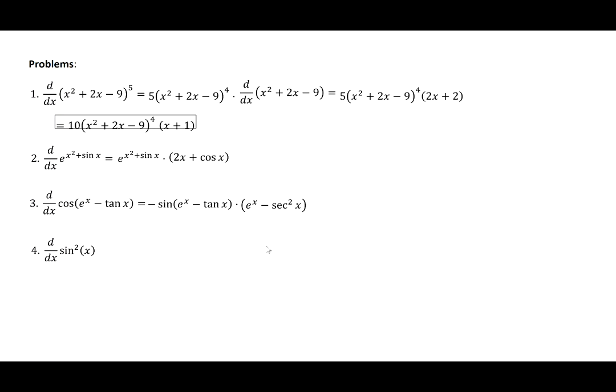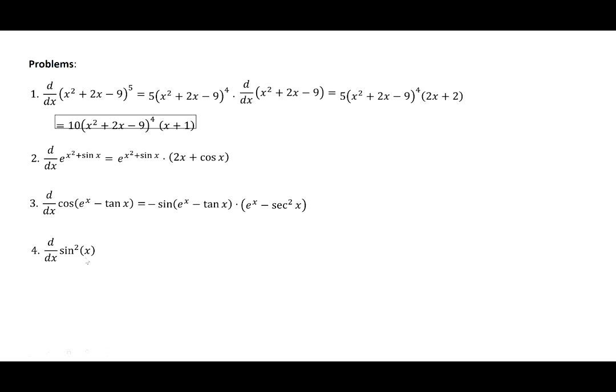Now, this is a very interesting case. The reason I say that is, let's go back to every one of these previous ones. Looking at this, I could tell, hey, this is like u to the 5. Here, what is this like? Oh, this is like e to the u. What is this like? Cosine of u.